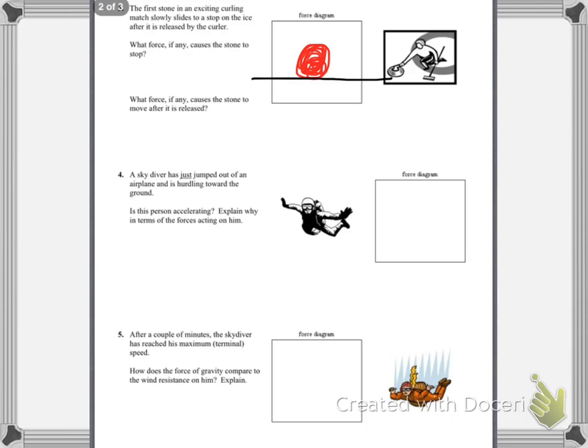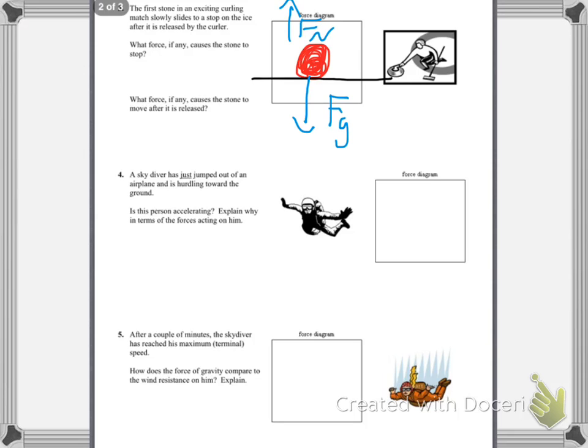Now we have the force due to gravity of the stone, and we have the normal force of the ice.